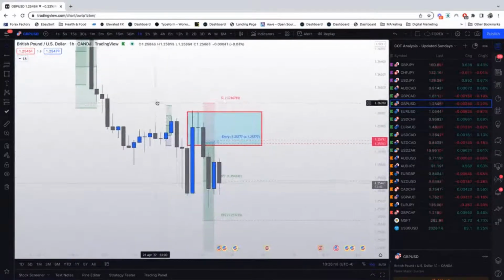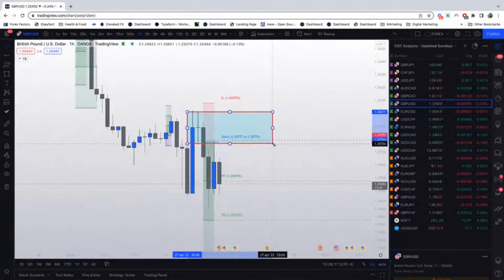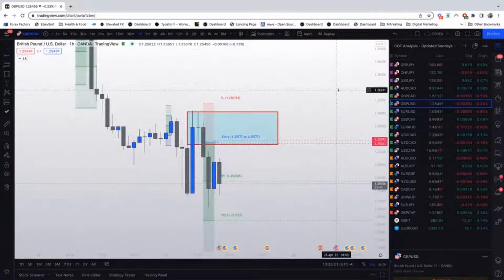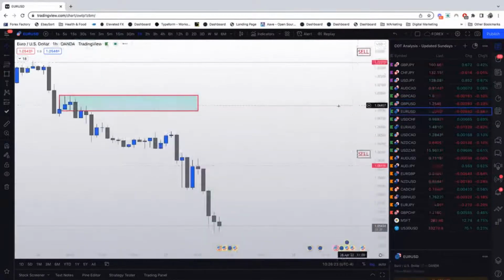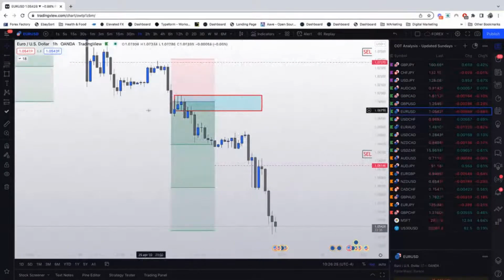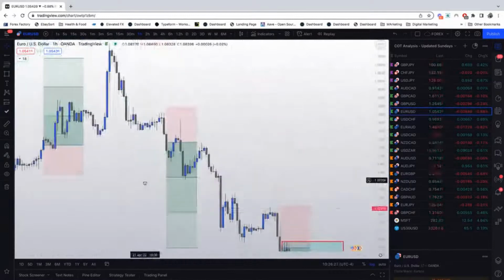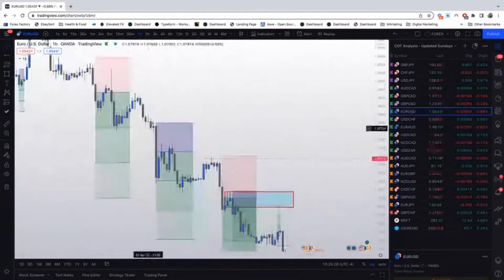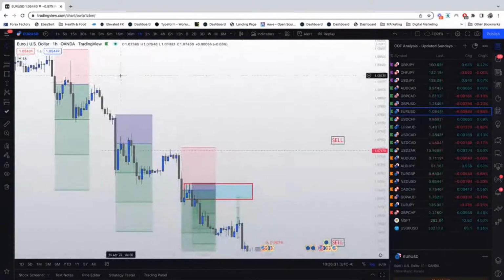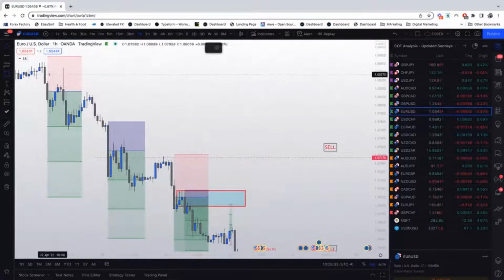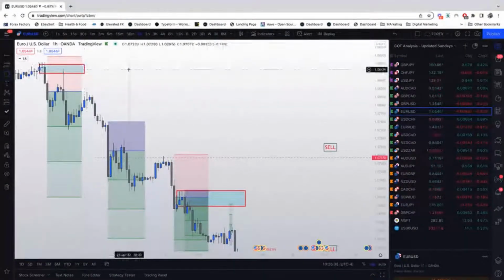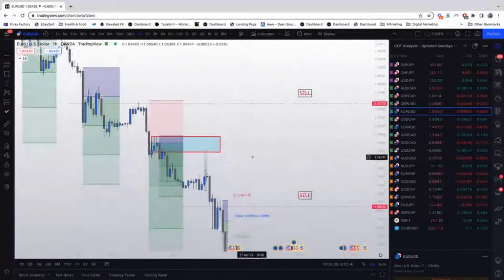So GBP USD was a pretty nice setup as well so far. And Euro USD, of course, has been going down ever since these last couple days, ever since this happened. Clean rejection and then boom, market breakdown.